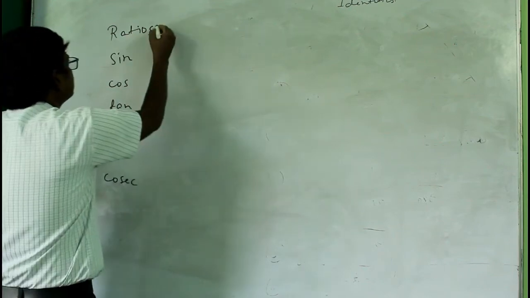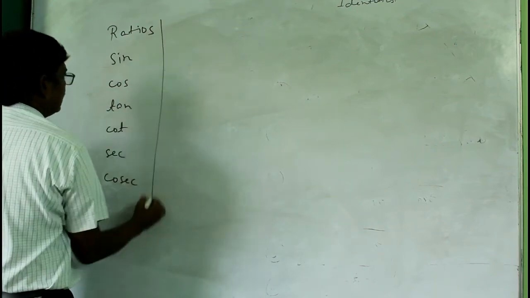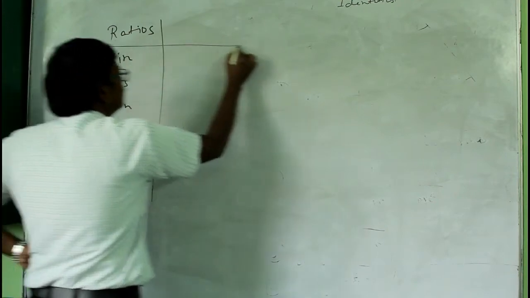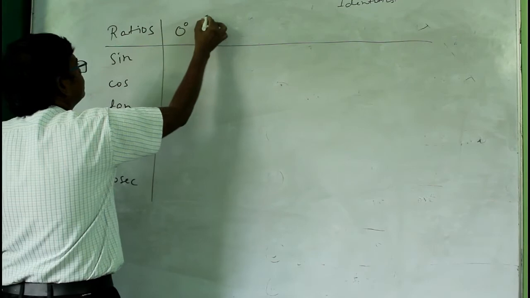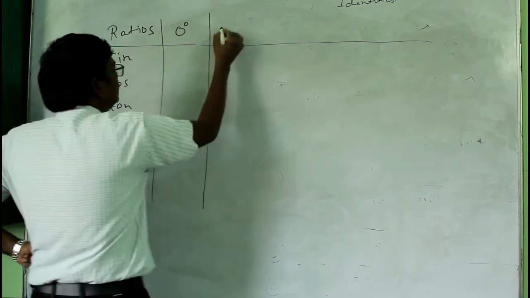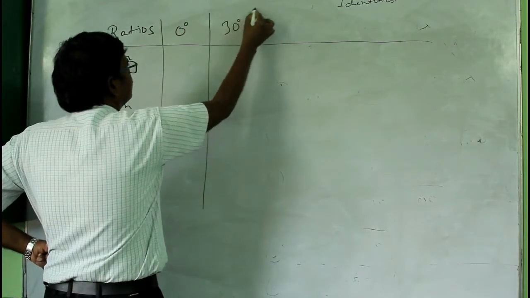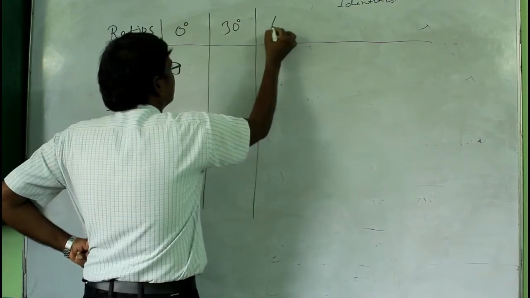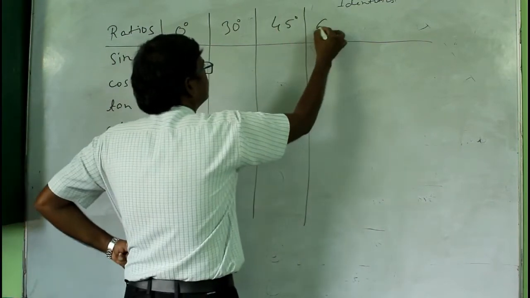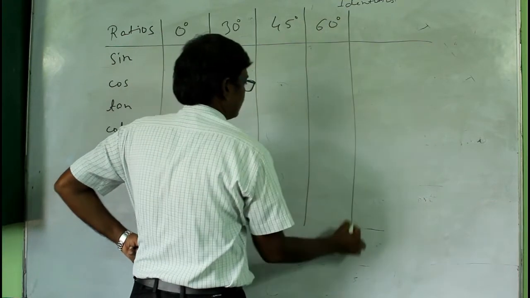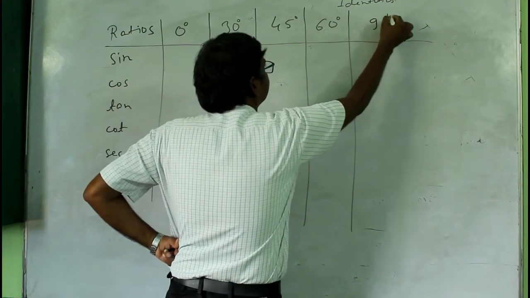Then you have angles here like 0 degree, then 30 degree, then 45 degree, then 60 degree, and then 90 degree.